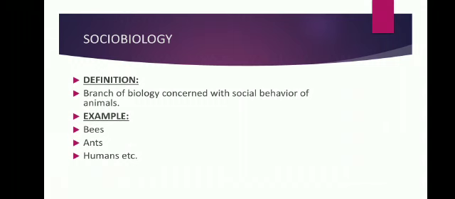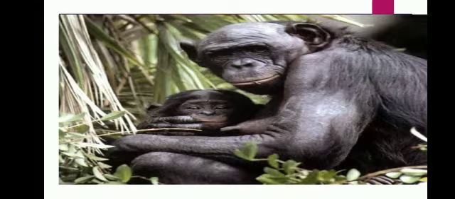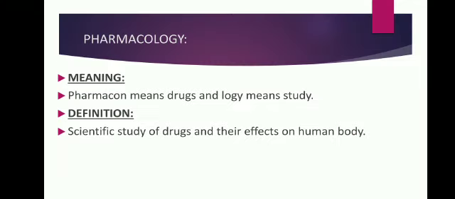For example, social behavior is present in bees, ants, and humans. In this branch, we study the social behavior and social interaction of one animal with another. You can see social behavior is also present in monkeys, humans, ants, bees.